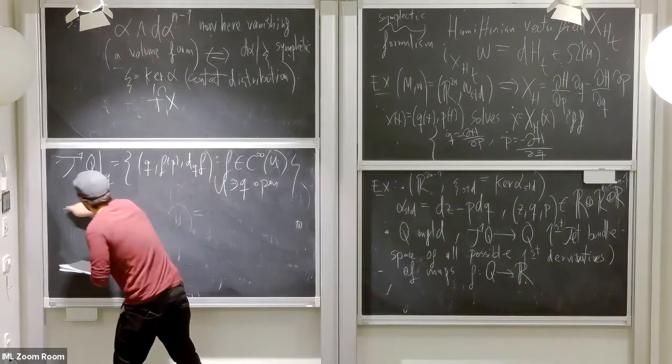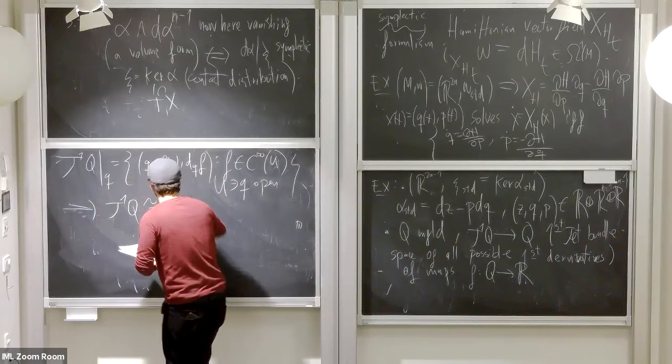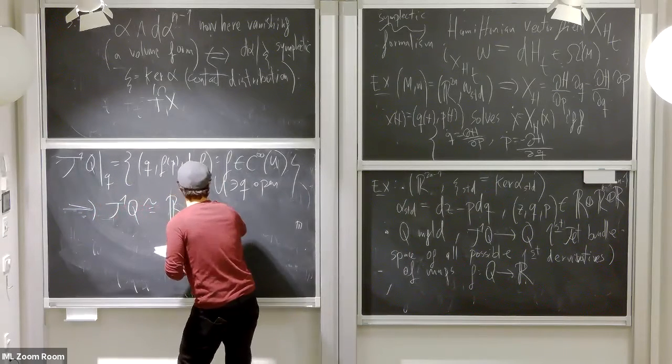In other words, globally, J1 of Q is diffeomorphic to R times T star Q.